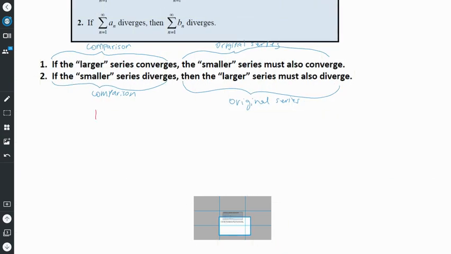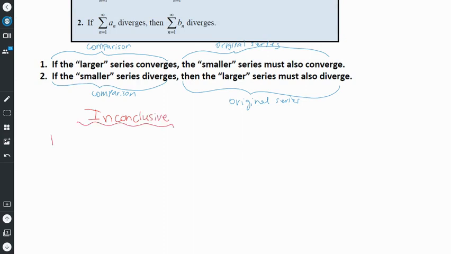And I'm going to put down a few things. Inconclusive. It will be inconclusive if the smaller, or if I should say, if the smaller comparison converges.